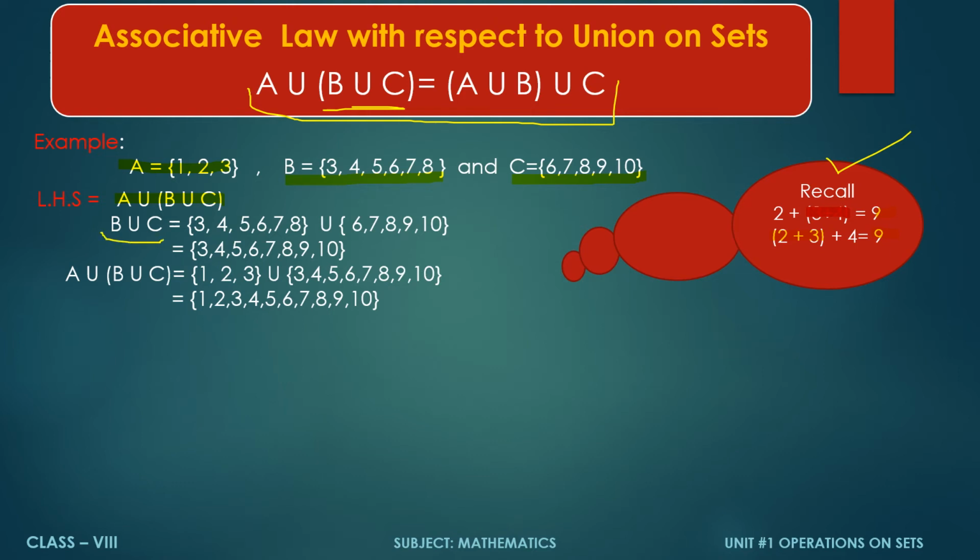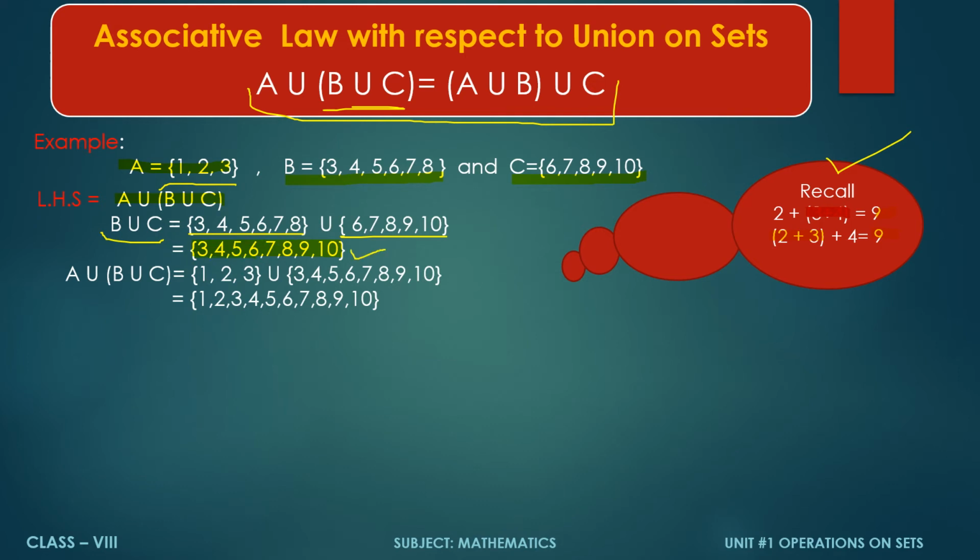For this purpose, write the elements of set B, that are 3, 4, 5, 6, 7 and 8, then the sign of union, then the set C, 6, 7, 8, 9 and 10. Union means write all together these numbers in one set. So we get resultant set of B union C as 3, 4, 5, 6, 7, 8, 9 and 10.